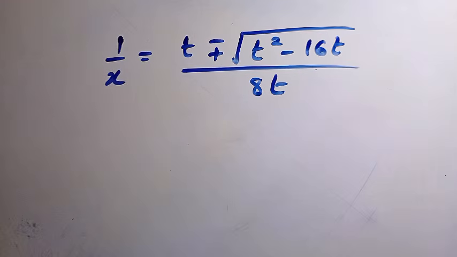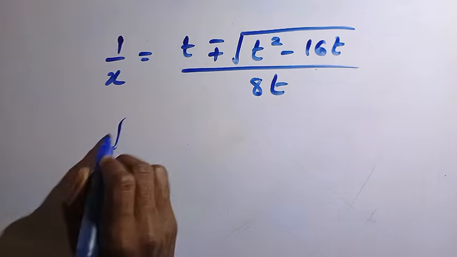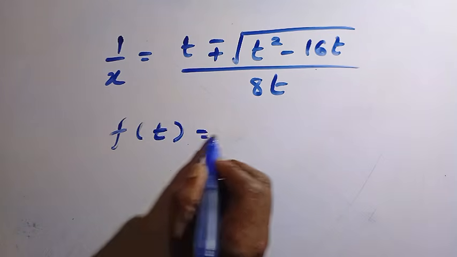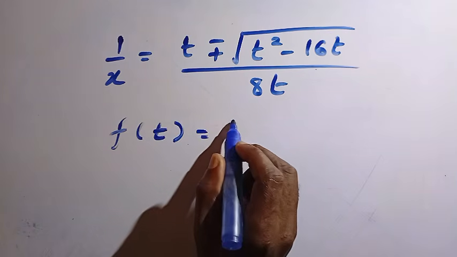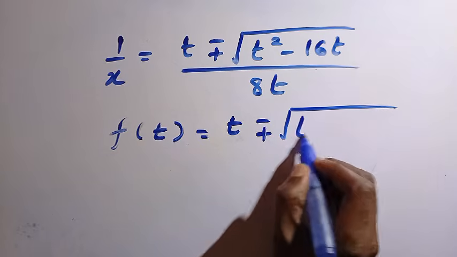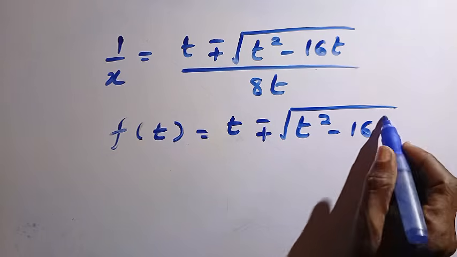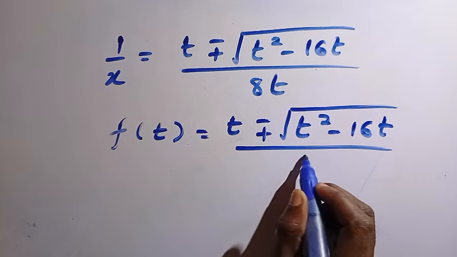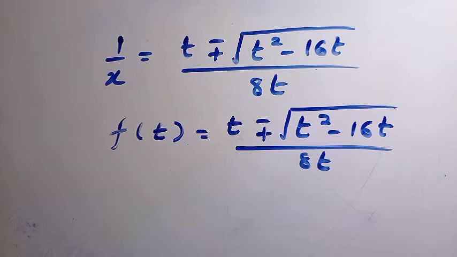So if this is for 1 over x, then we take everything back as f of t equals t minus plus the square root of t squared minus 16t divided by 8t.